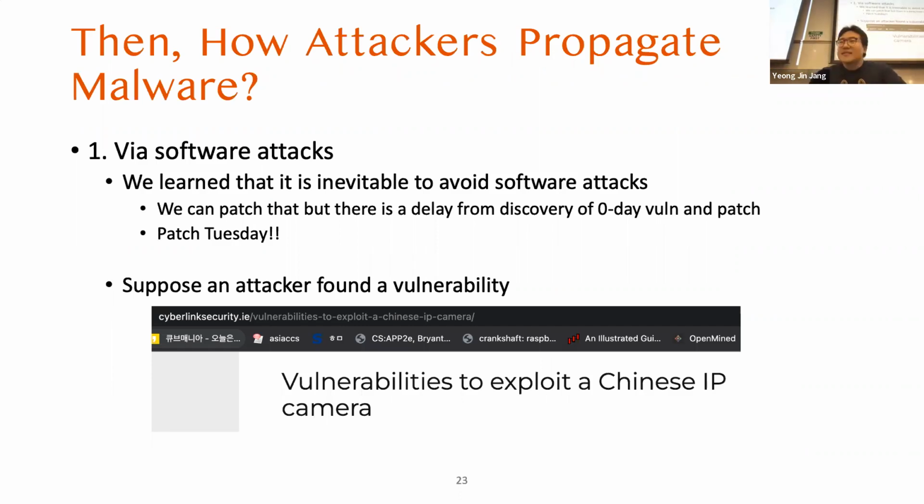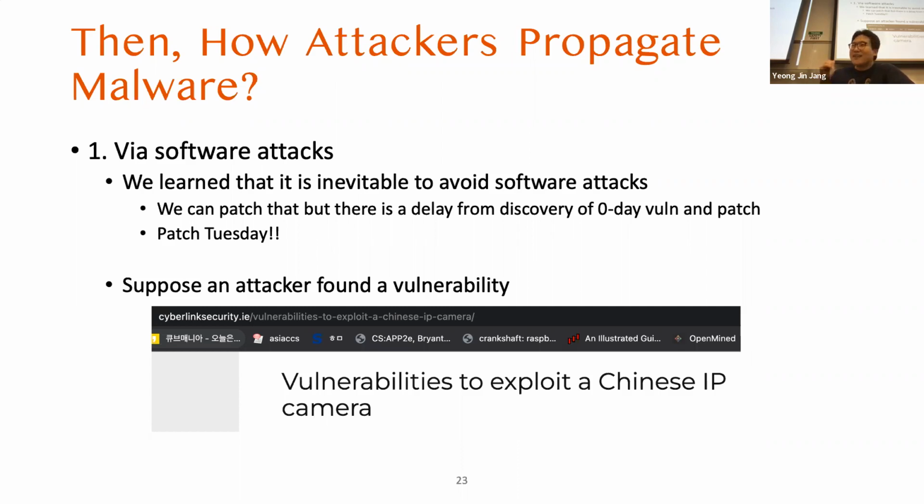One way of doing that is the hard way, and that's via software attacks. We have learned that it's very hard to avoid software attacks, and there are a lot of zero-day vulnerabilities discovered each day. So if we know one of them, and the Patch Tuesday has not come yet, that is like December 13th for the next month, right?